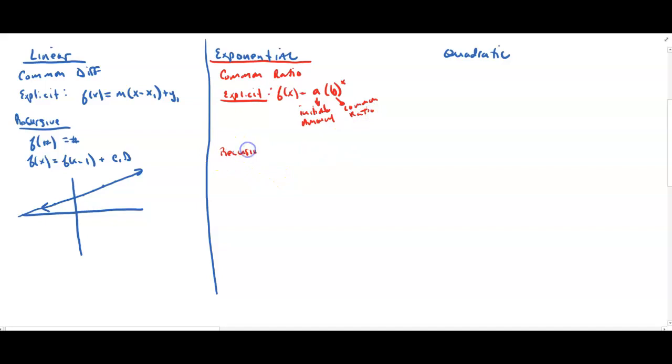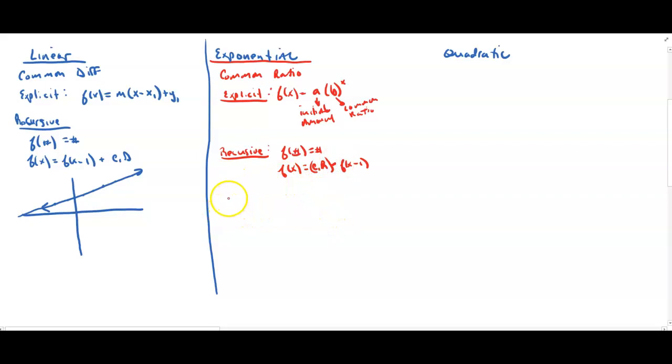Then the recursive rule would be f of a number equals a number. And then what are we doing to the previous term each time? We're multiplying the previous term by the common ratio. So it's the common ratio times the previous term.